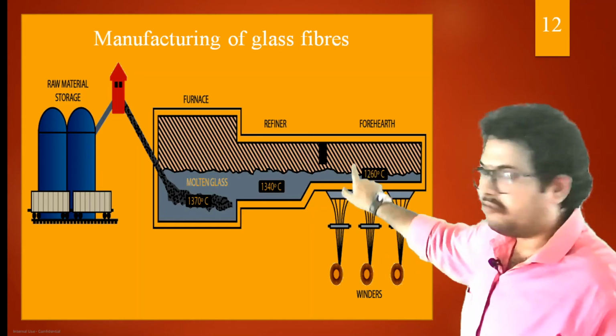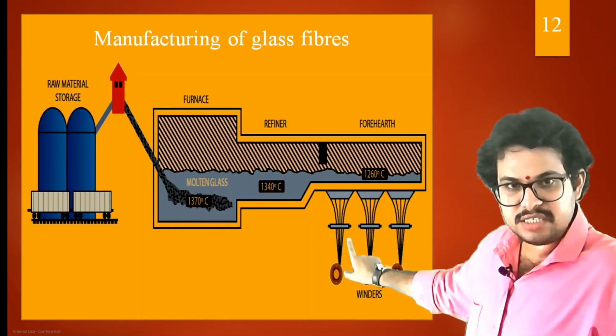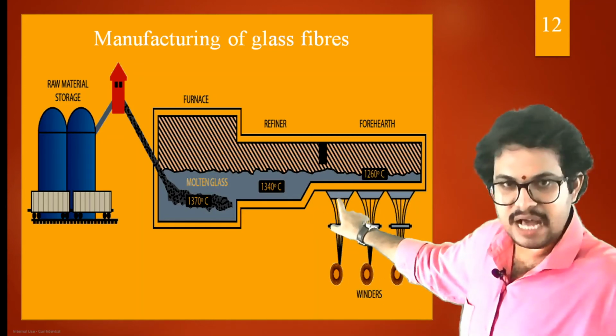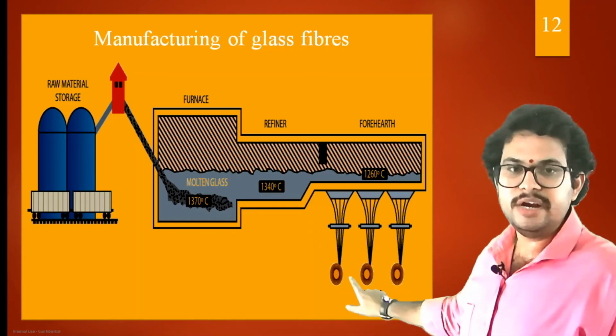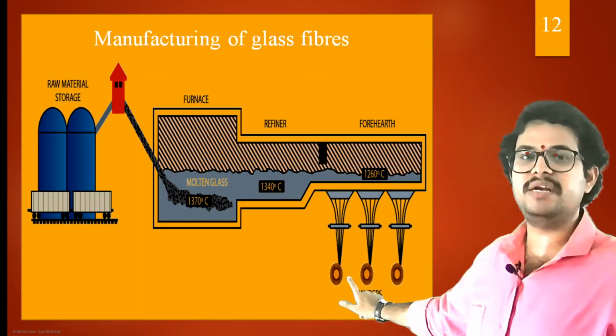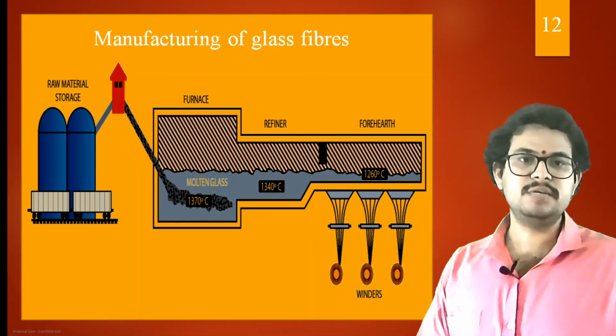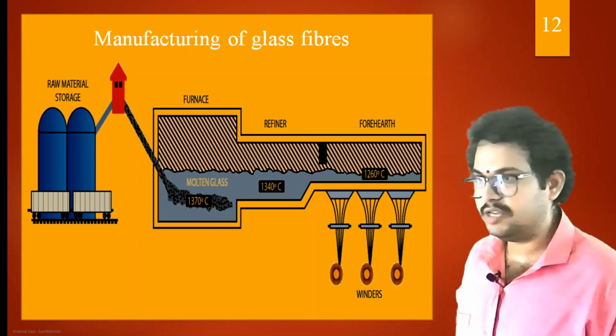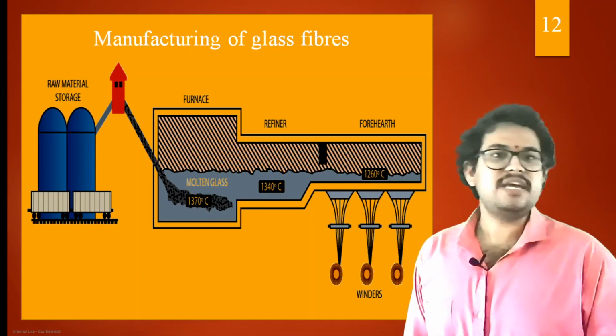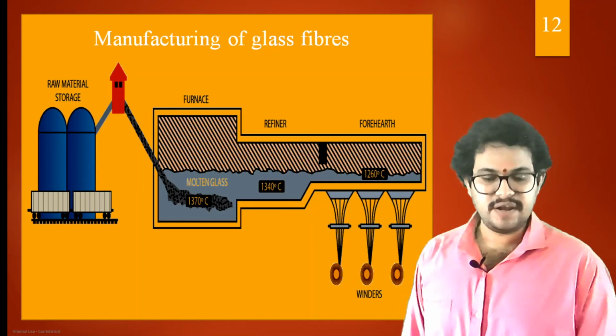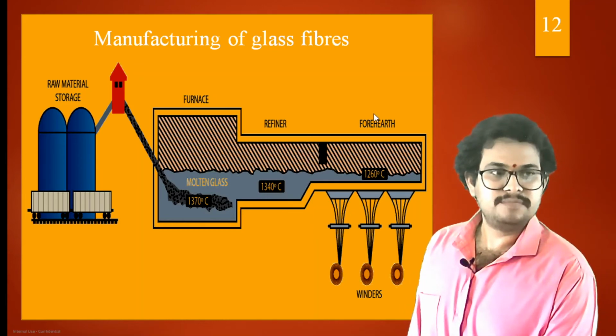The wire-like substances drawn from the molten glass will be wound onto these creels, which can be directly used for fabrication purposes, or directly used as reinforcement materials, right? Moving on to the next slide.